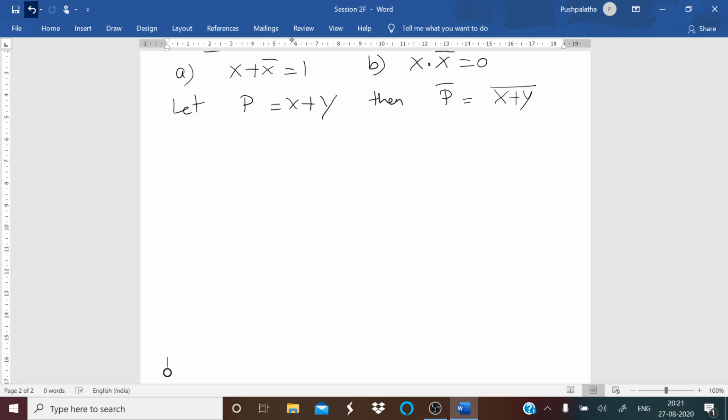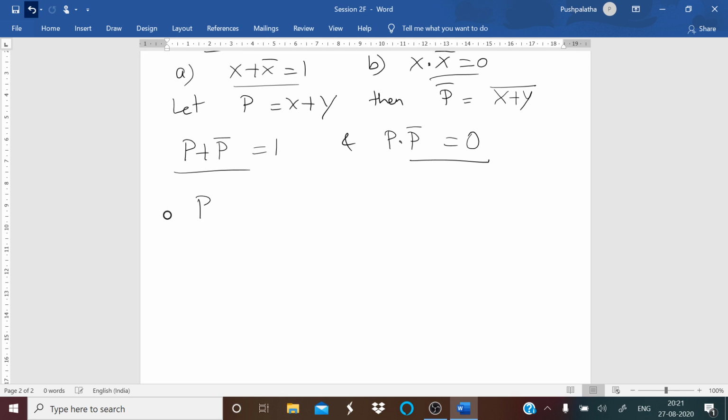If we use the complementary laws, then p plus p bar is always 1 and p into p bar is always 0. Now, if we prove these two statements, that p plus p bar is equal to 1 and p into p bar is equal to 0, then we have proved the first theorem, that is x plus y the whole bar is equal to x bar into y bar.